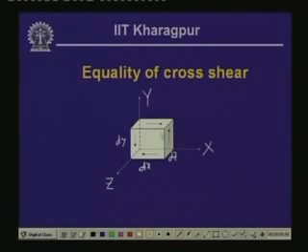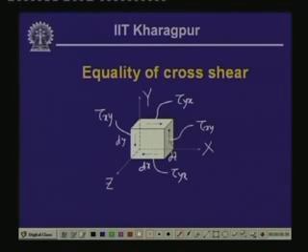This particular plane being the x plane, the force which is acting in the y direction, as per our nomenclature, we call tau x y. Accordingly, the component of stress acting in the direction of x and acting on the y plane, we call tau y x. Likewise, this is also tau y x and this tau x y.